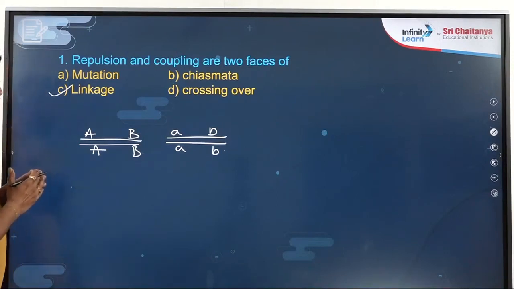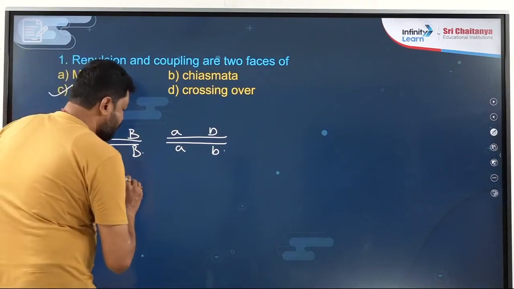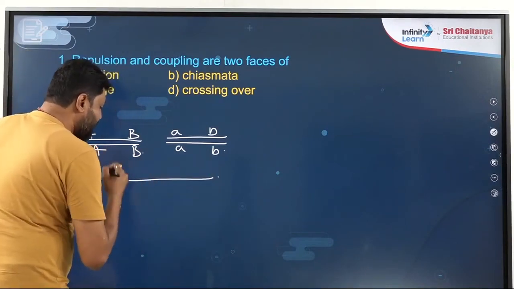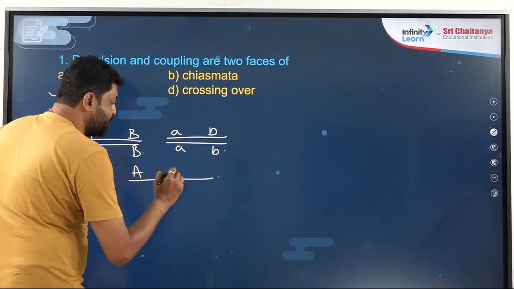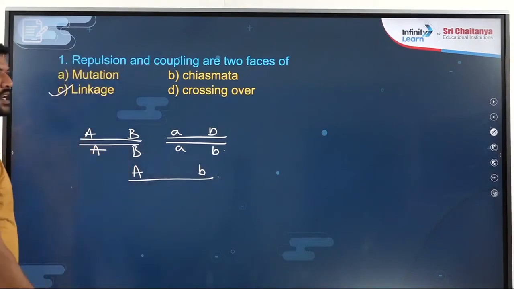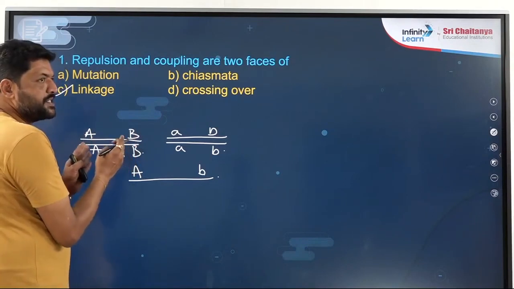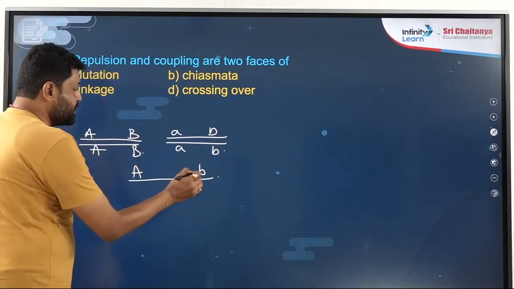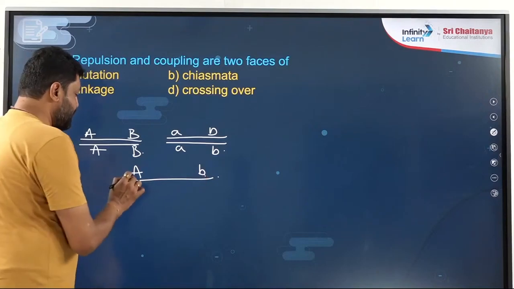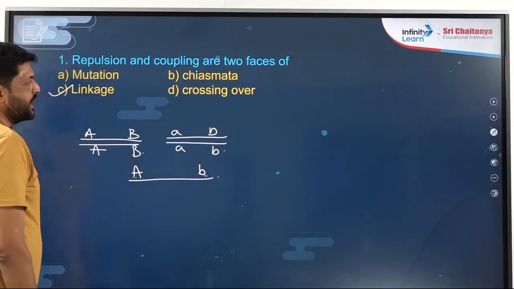If, after crossing over, one letter is dominant and the other is recessive on one chromosome, this is called repulsion. When 2 genes are of the same type on both homologous chromosomes, this is coupling.